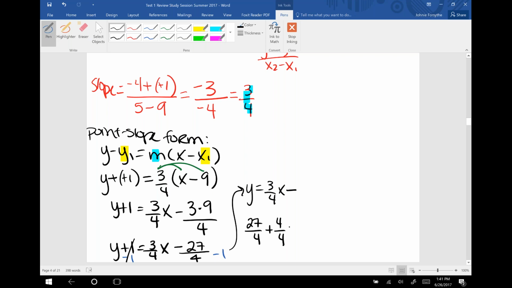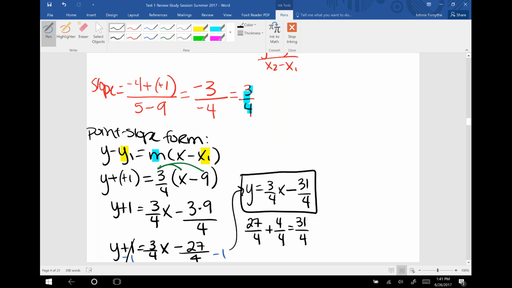So 27 plus 4 is 31. And I'm going to keep the denominator the same. So my final answer would be negative 31 over 4. And it's negative because I'm adding a negative and a negative. So I add the numbers and keep the sign. This is my final answer here.